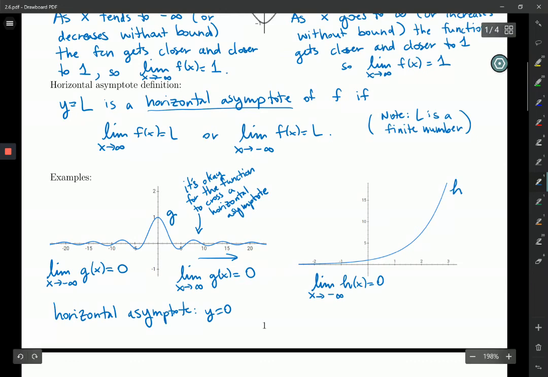So we have a horizontal asymptote at 0. And notice we only had it going one way, towards minus infinity, the function approaches 0, and that's all we need to say that there's a horizontal asymptote, right? So they actually both have a horizontal asymptote at 0.